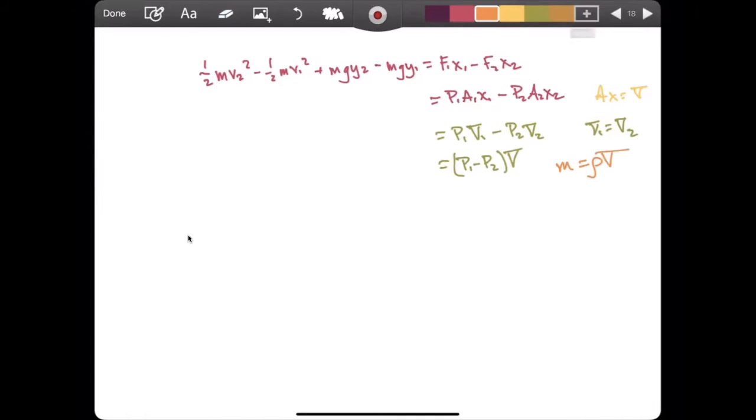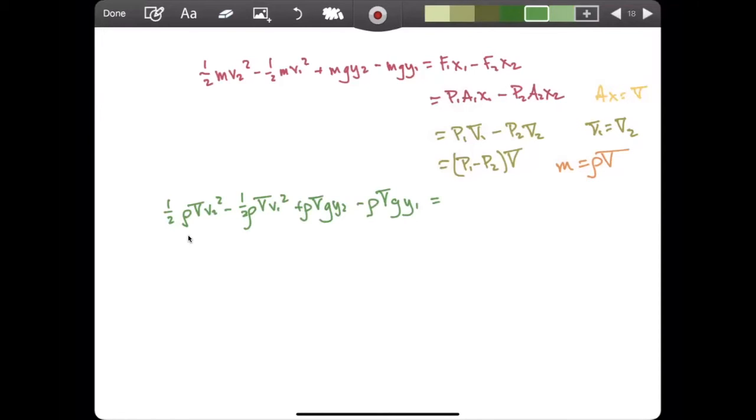So let's rewrite this in terms of density and then divide out the volume. Let's do that in two steps. Finally, we're going to get 1/2 the density times the volume times v2 squared minus 1/2 the density times the volume times v1 squared plus the density times the volume times g times y2 minus the density times the volume times g times y1 is equal to the right-hand side.